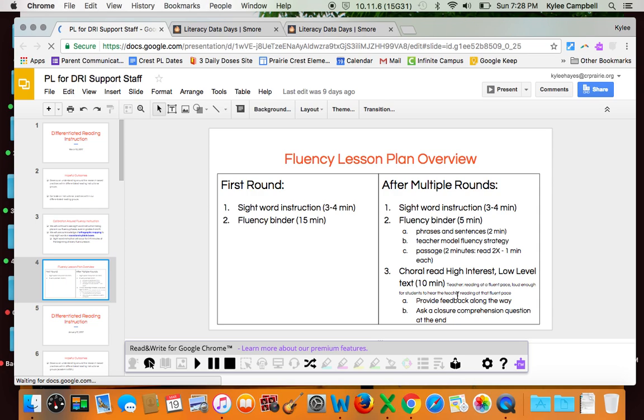Throughout that opportunity, you can provide feedback to students along the way, and then, if time allows, ask a quick closure comprehension question. For example, why did Jack go to the store? Or how is the main character feeling when he lost the basketball game? Just a quick, brief overview of those comprehension questions.